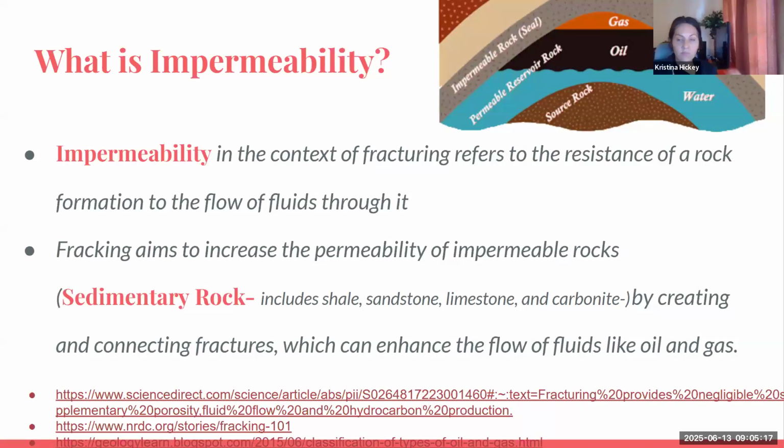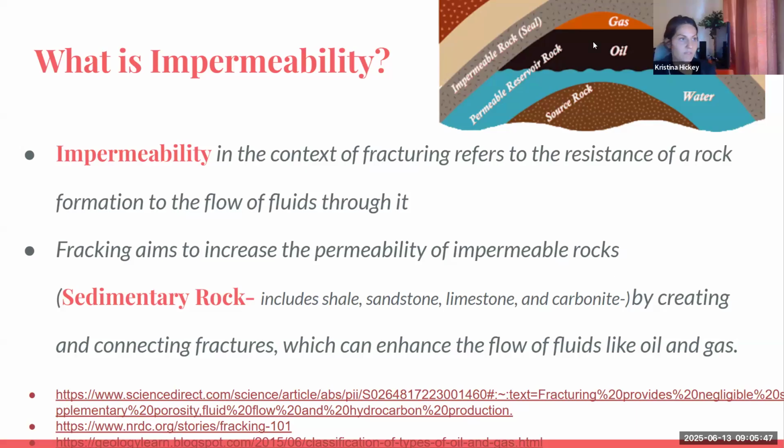All right, so impermeability. I know it probably doesn't make a lot of sense, I suppose, because I didn't study a whole bunch of rock in my undergraduate experience. But I thought about what the whole purpose of fracturing is. Basically, impermeability is the resistance of a rock to allow fluids to flow through it.